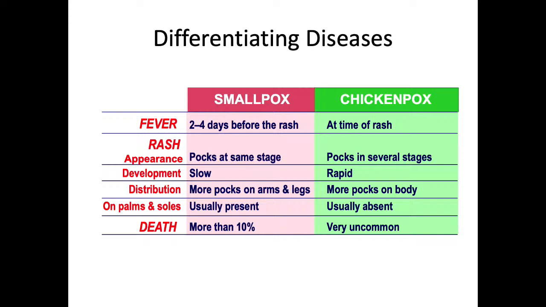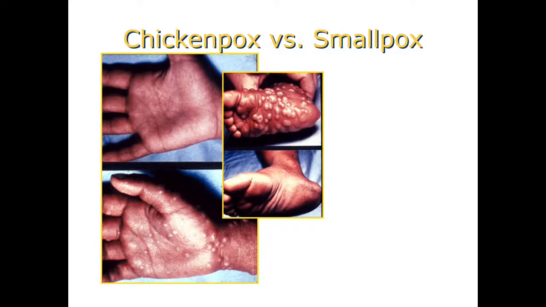Mortality rate can be more than 10% with smallpox, while it is quite rare with chickenpox. You see, this is smallpox. In chickenpox, no lesions on palms and soles. And this is the typical smallpox rash.